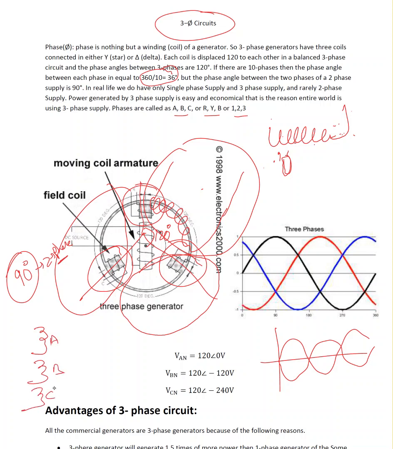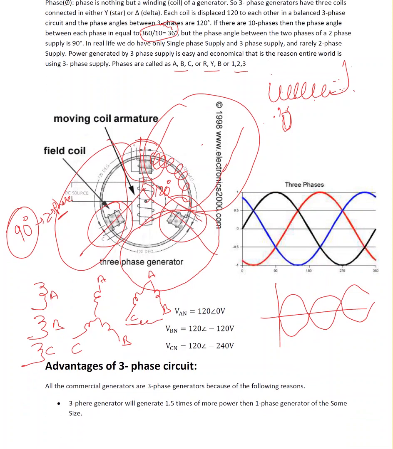Okay, now how are we going to connect these three phases? Either we can connect them in star, this is called star connection, A, B, C. Or delta, in delta it's going to be like this, A, B, C. Now phase A, VAN, is nothing but voltage between A and neutral.